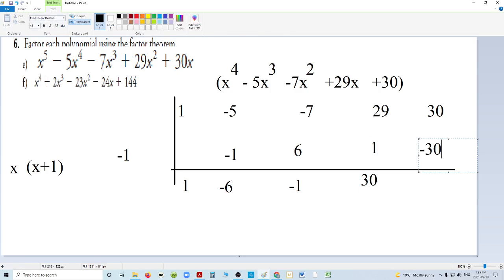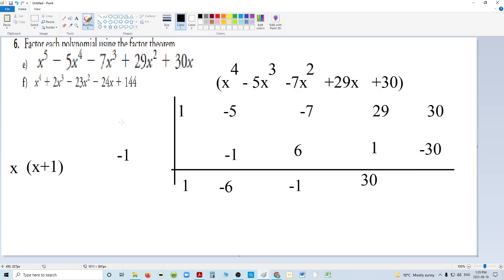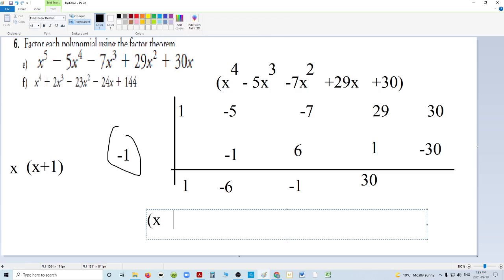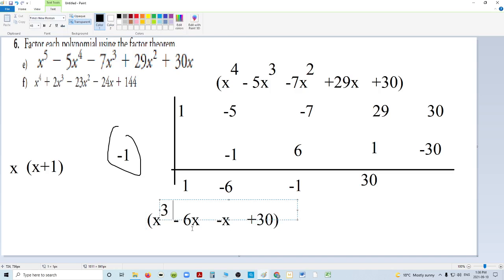And notice, actually, especially when it's 1, that the number here is going to be creating that number. So you can pretty much predict what that number is going to be. Which means I have the new roots. I've got 1x cubed minus 6x squared minus x plus 30. And I just have to remember to put the numbers over them.